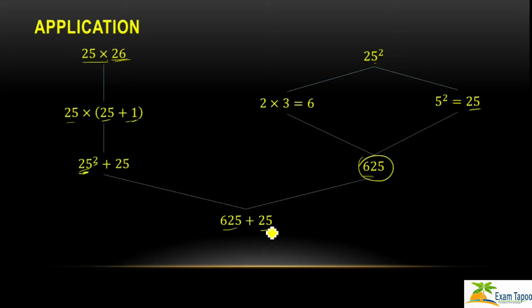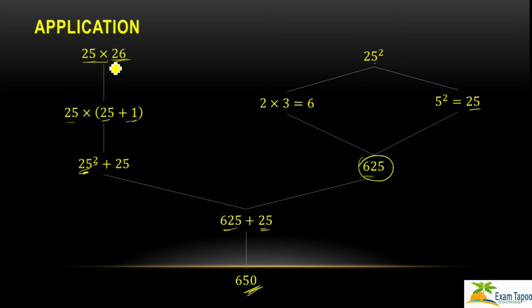Now just imagine, 25 times 26 is a difficult calculation, but if I imagine this calculation as 625 plus 25, it becomes easy. I have simply transformed this calculation into a very simple addition, and I can easily add 625 and 25 to get 650 as my result.